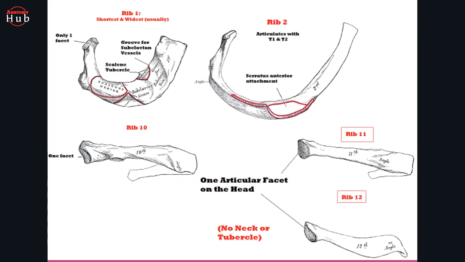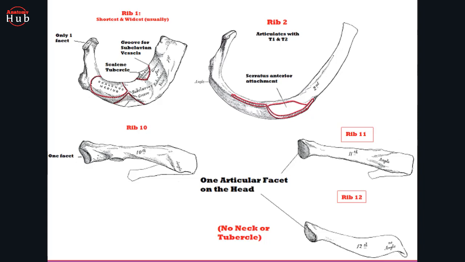Like that, in case of ribs, the 3rd to 9th, means third rib to ninth rib, are typical. But the first, second, 10th, 11th, 12th are atypical.